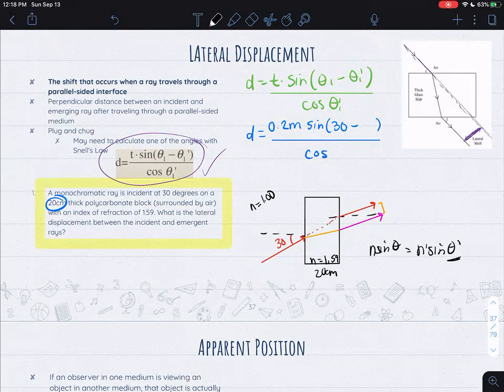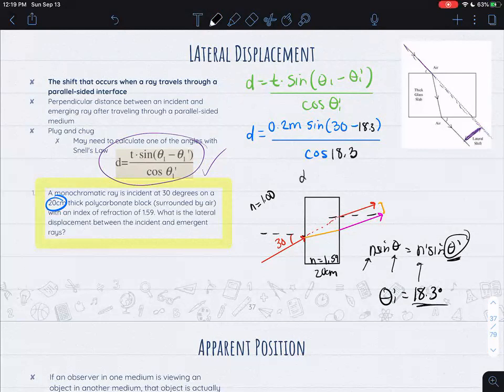When you plug the values in, you put 1 here, 30 here, 1.59 here, and then solve for this variable. You end up getting 18.3 degrees, and that is the internal angle inside of the plastic. So now that we know that theta 1 prime is 18.3, we can just plug it in up here.